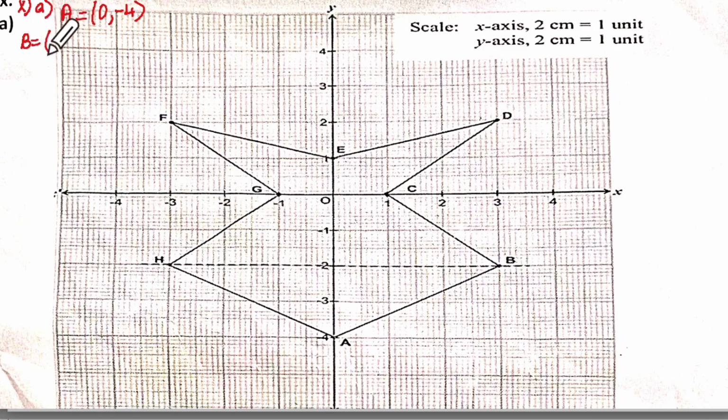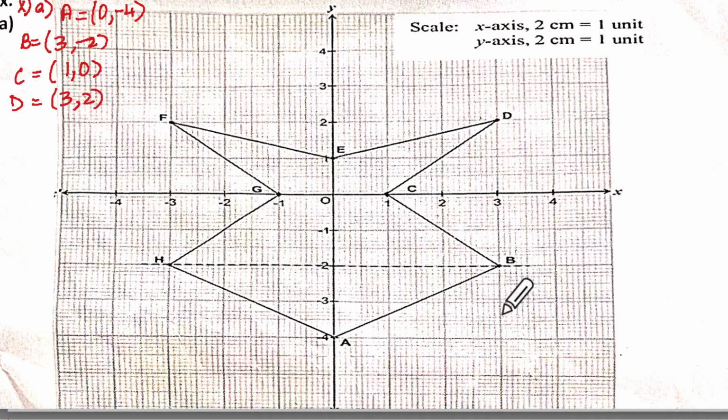You have to say comma. B is 3 comma minus 2, very good. C is 1 comma 0, absolutely right. D is 3 comma 2, very good.